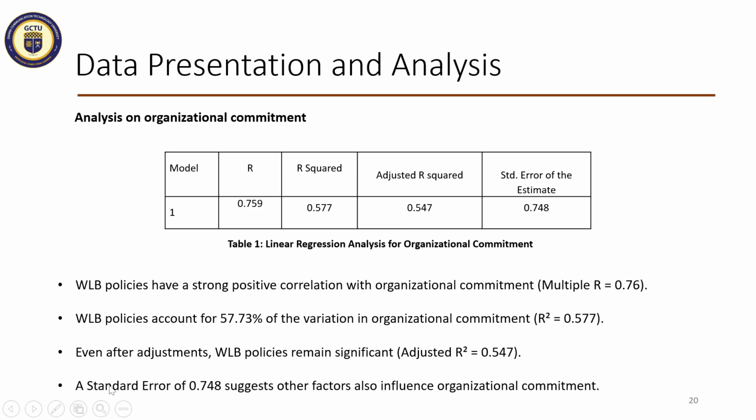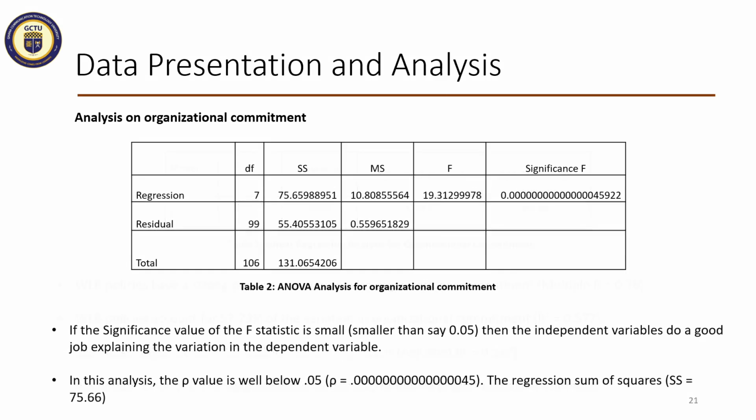Now, a standard error of 0.748 suggests that other factors also influence organizational commitment, because this is also very high, very close to one. So it means that, in as much as organizational commitment has a positive correlation with work-life balance policy, there could be some other factors, and those other factors are what we also discovered from the turnover intentions.